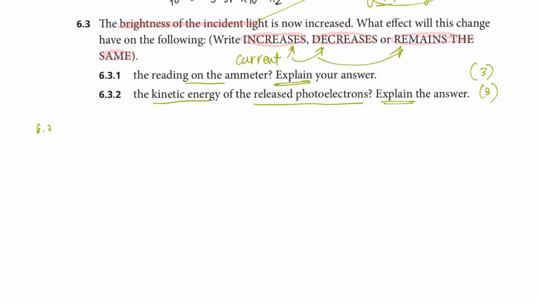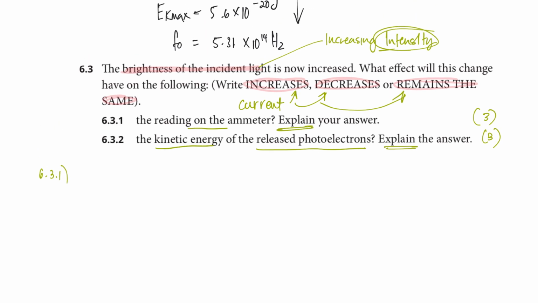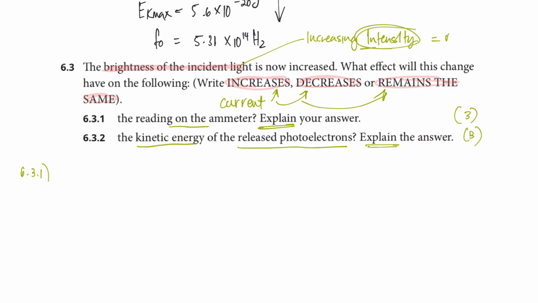So let's have a look here. If I do 6.3.1, I know that if I have a high intensity, that means more photons. And remember, each photon will end up giving me 1 electron ejected.